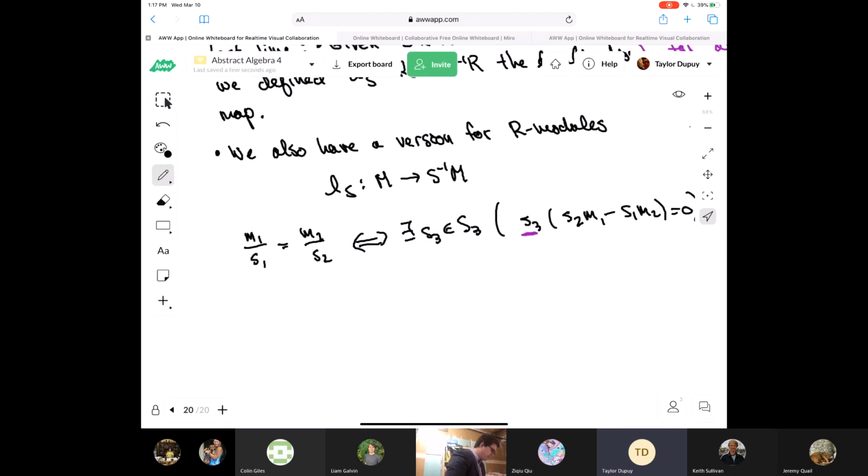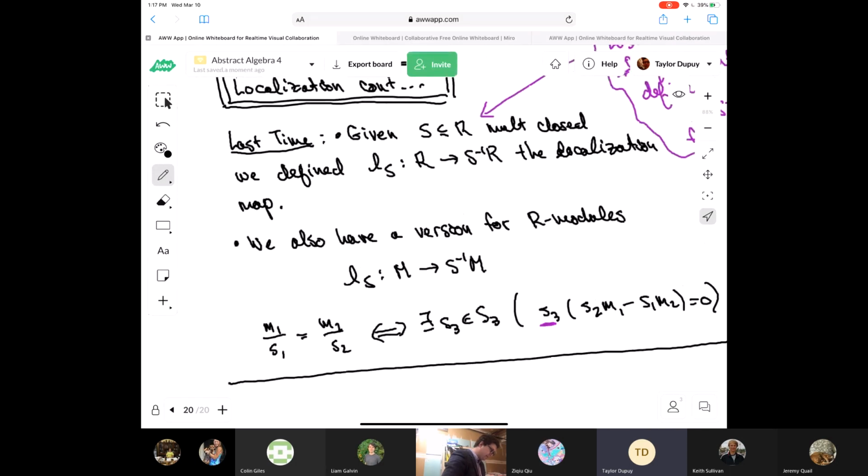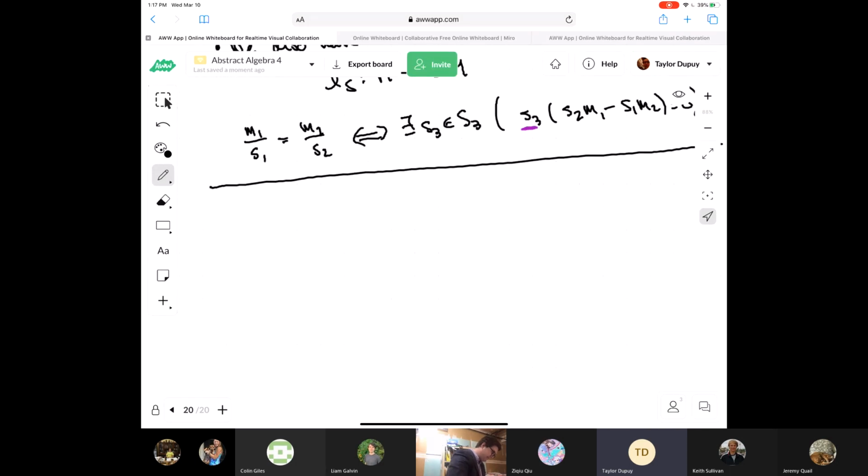So Jeremy wanted to talk about the geometry of this a little bit more. I did some doodles, so let me say a little bit more about the geometry. Let's do an example.